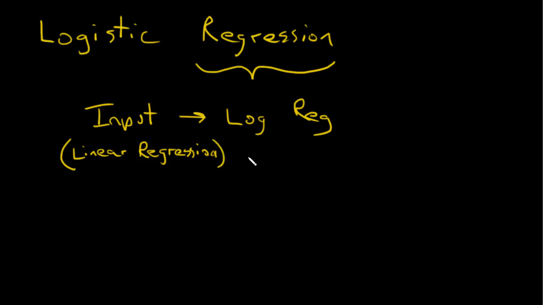So we're going to feed in our linear regression input into logistic regression, and then it will output either a 0 or a 1, depending on which group it thinks the input belongs to. So that's the only reason I've ever heard why it's called logistic regression, is because we're feeding in a regression and we're feeding it into a logistic formula that we'll get more into as we go through the cost function.